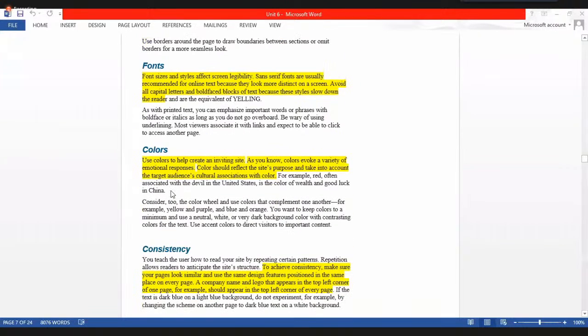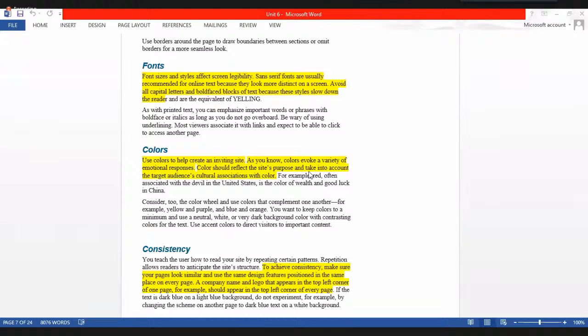Then your colors. Use colors to help create an inviting site. As you know, colors evoke a variety of emotional responses. So you can use color also to indicate the feeling, to indicate emotional response. For example, color should reflect the site's purpose. What is the purpose of the site?